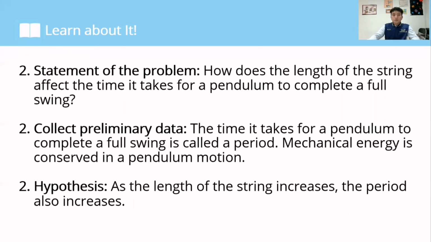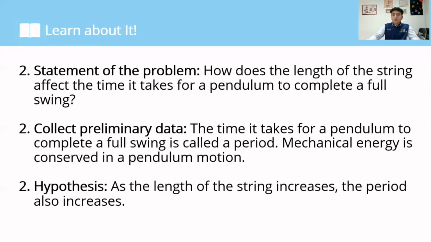Okay, and then number three, collect preliminary data. The time it takes for a pendulum to complete a full swing is called a period. Mechanical energy is conserved in a pendulum motion. And then fourth, hypothesis. As the length of the string increases, the period also increases.